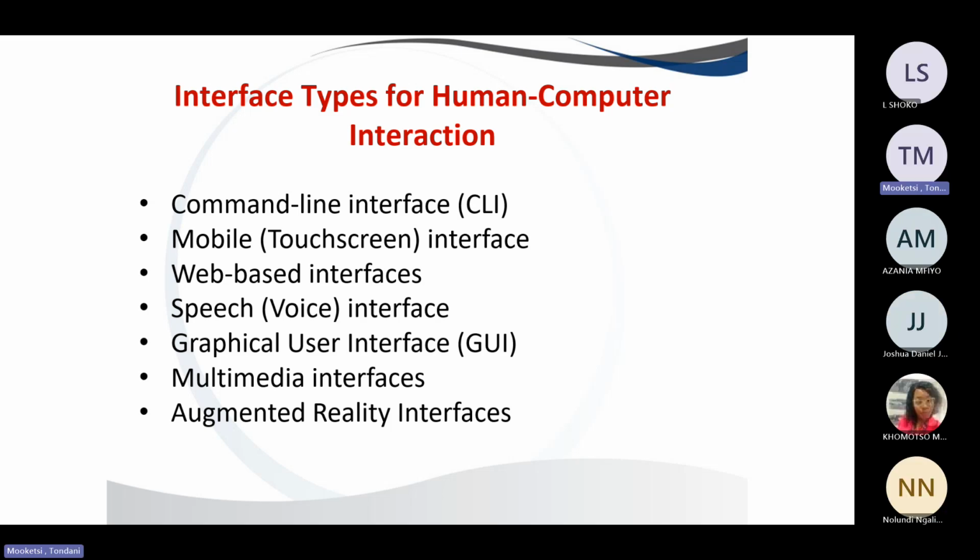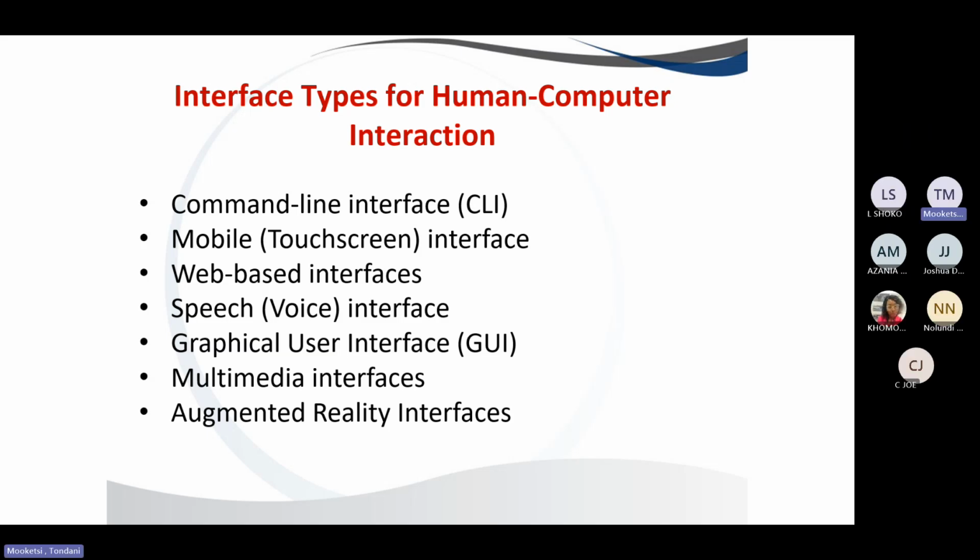Then we also have augmented reality interfaces. We talked about this last week in emerging trends. So this is part of the emerging trends, virtual reality interfaces. That is an example of HCI.